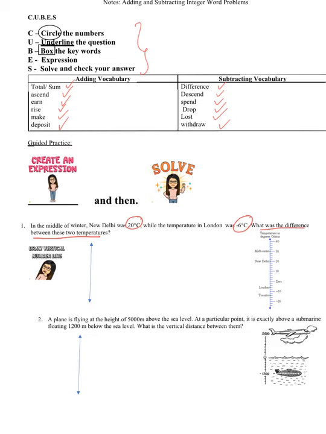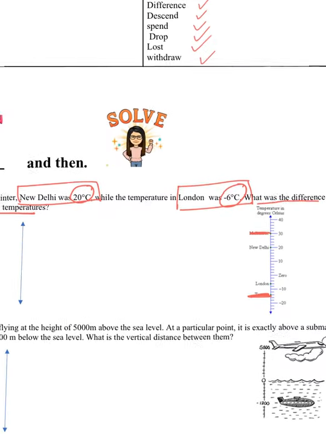We box the keyword. So the keyword is New Delhi with that number, and then London was -6 degrees. Then we're going to create the expression and solve it. We don't worry about Melbourne or Toronto. We just worry about New Delhi and London.